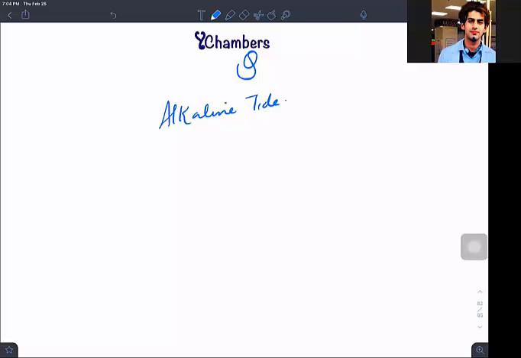So can you tell us the mechanism of action of H2 blockers? Some people are writing block H2 receptors.